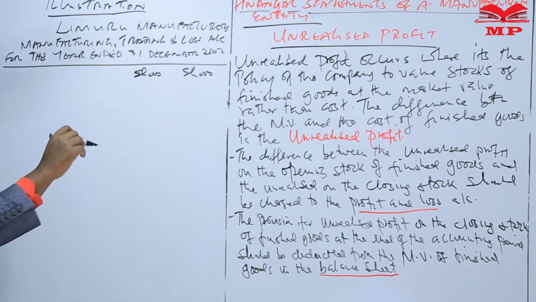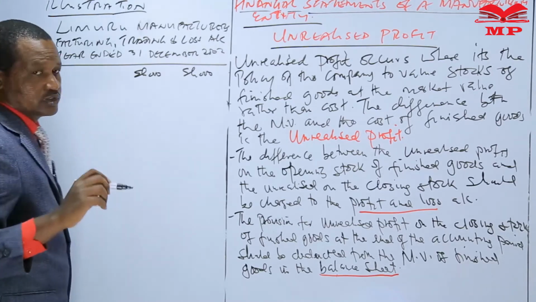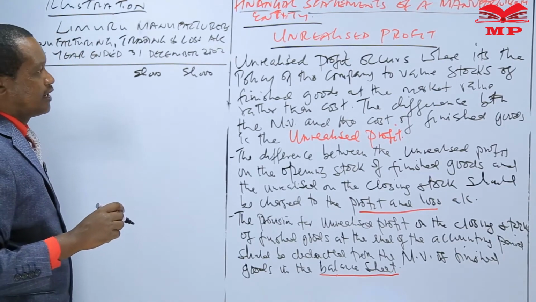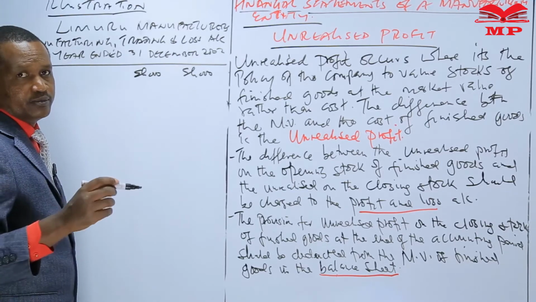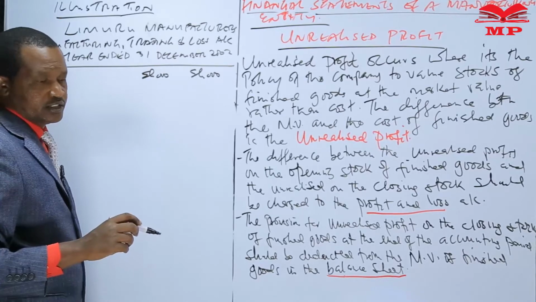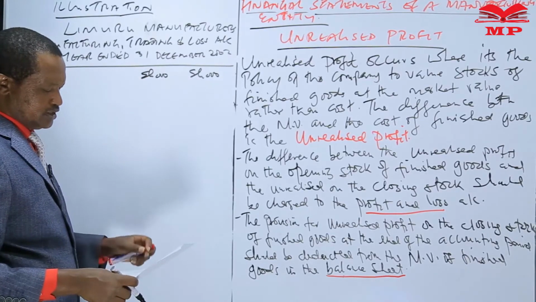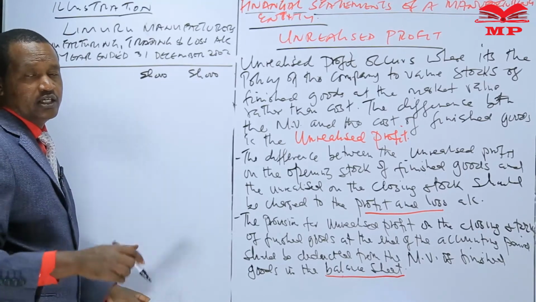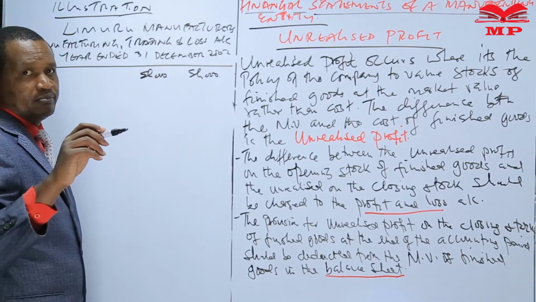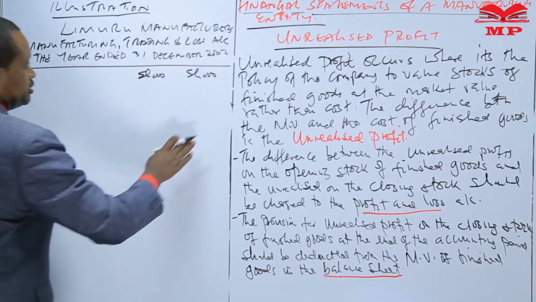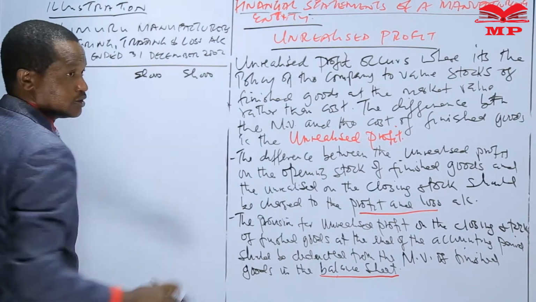So we will first do the manufacturing account. Now the manufacturing account helps us to determine the cost of production, cost of manufacturing, and in this question we are told that the company releases goods from the factory at a markup of 25% on the cost of production.